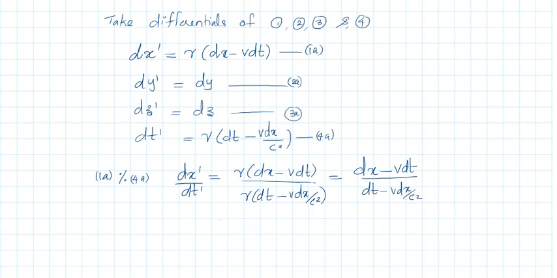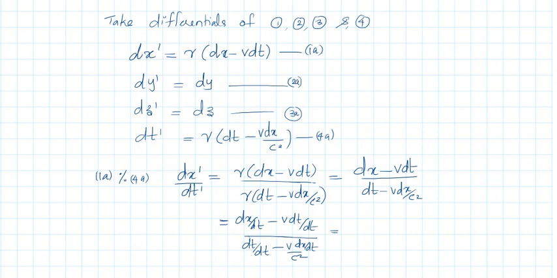On the right hand side, divide each term of the numerator and denominator by dt. The value will remain invariant.